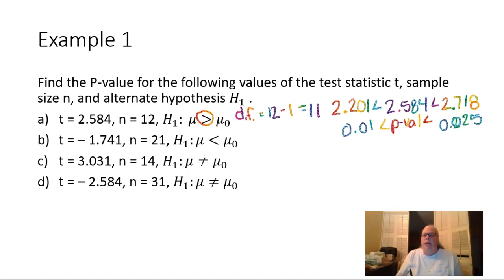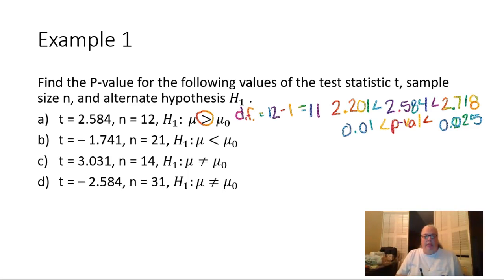All right, and there's our answer for A. We can't get a specific p-value with table A3. We can only get an interval for table A3. But if you want, you can use the ALEKS calculator and you can get the exact value for the p-value if you want to. So let's look at that.